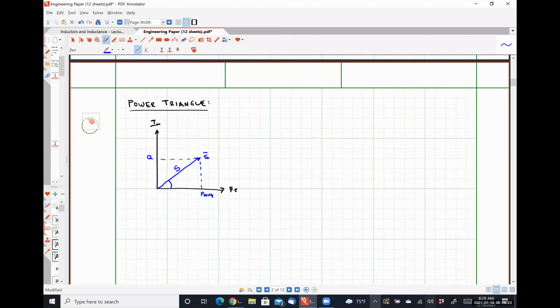And the angle formed between our complex power S and the horizontal axis is our power factor angle, theta S. So from this triangle, we can easily see that S is VI conjugate, and in rectangular form, we have P plus jQ. And in polar form, we have S angle theta S.